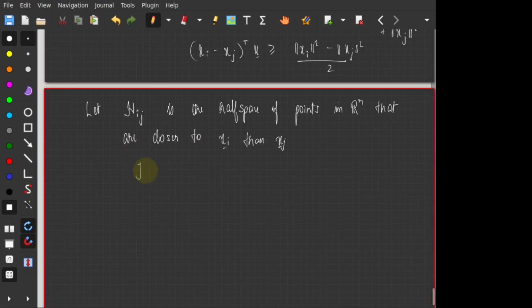To be more precise, hij is the set of all x in Rn such that norm x minus xi is less than or equal to norm x minus xj.